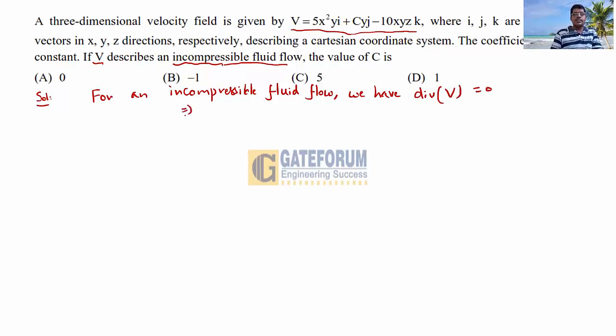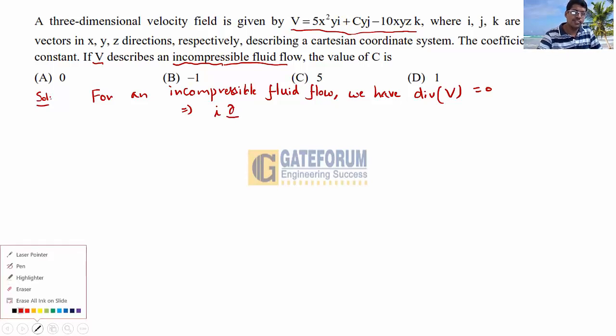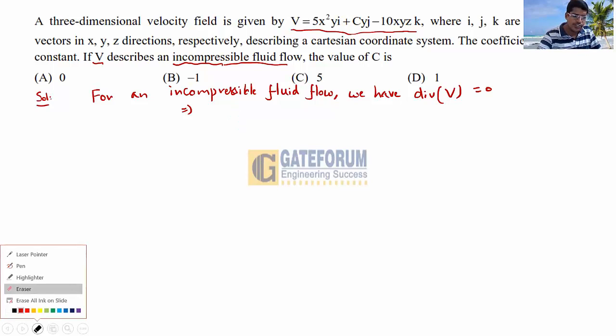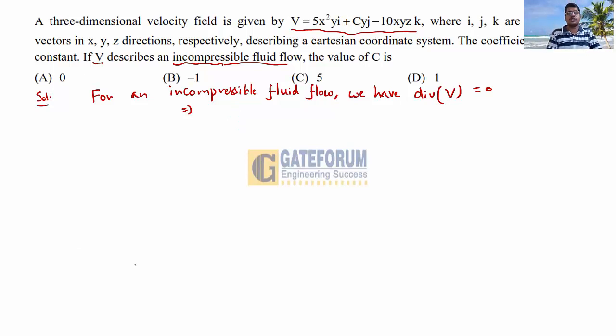How do you find the divergence? Divergence is a scalar quantity. i, j, k are vectors. So it is the sum of three first order partial derivatives, that is dou by dou x of the i coefficient plus dou by dou y of the j coefficient plus dou by dou z of the k coefficient.